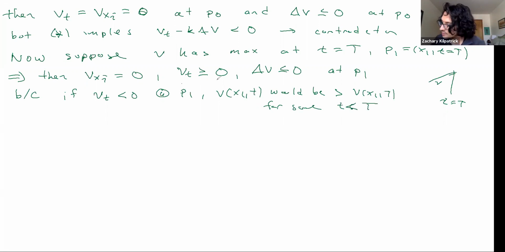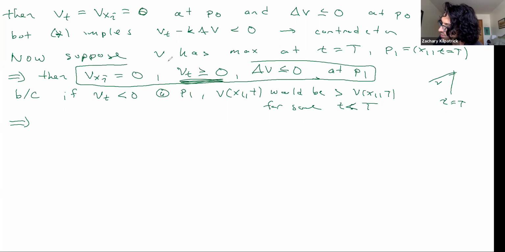So that's why we need this. We need that v sub t is greater than or equal to 0, okay? So, fine. If we believe these relations now, this is basically the last thing we have to pull a contradiction from, okay?